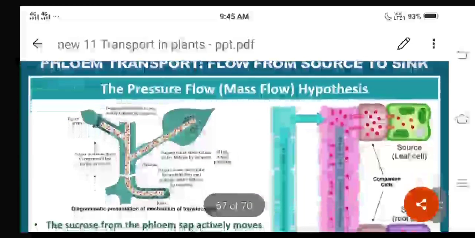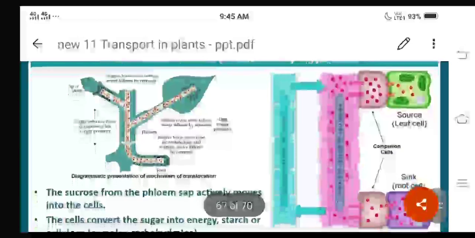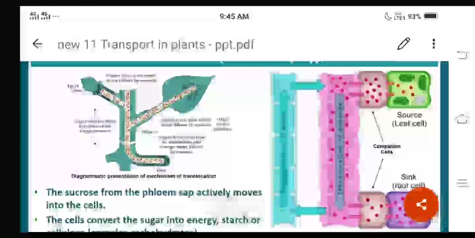Again, the sucrose from the phloem sap actively moves into the cells. It means, in the sink region, what will happen here? The sucrose from the phloem sap will actively move into the cells. It means the process will take place by the utilization of ATP here.